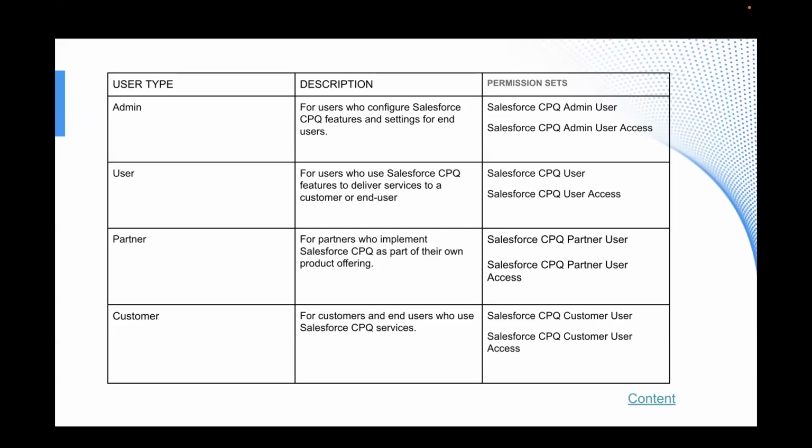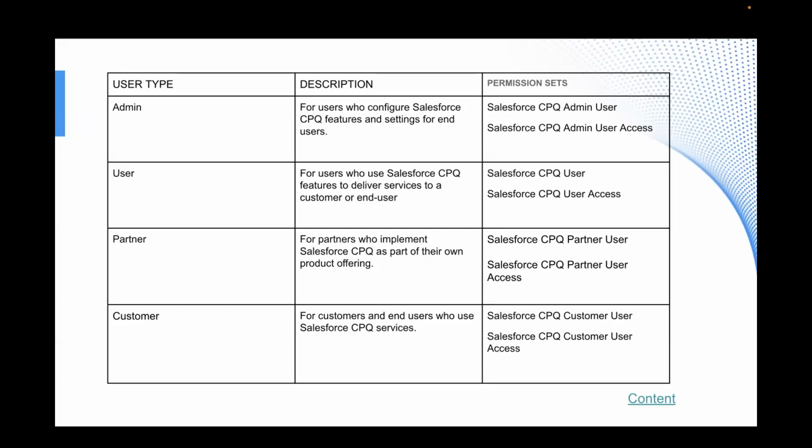Then there are 2 permission sets for the admin user. The first one is Salesforce CPQ admin user, and the second one is Salesforce CPQ admin user access. These are the 2 permission sets we are going to assign to an admin user. Then there is a user permission set that is for users who use Salesforce CPQ features to deliver services to customers or end users.